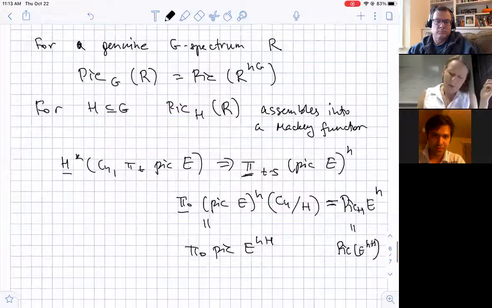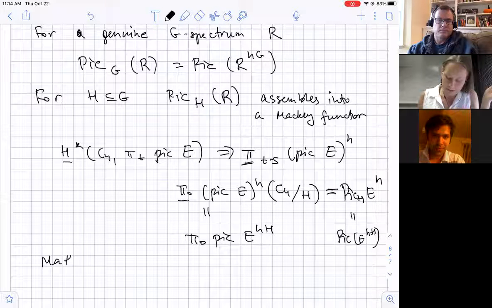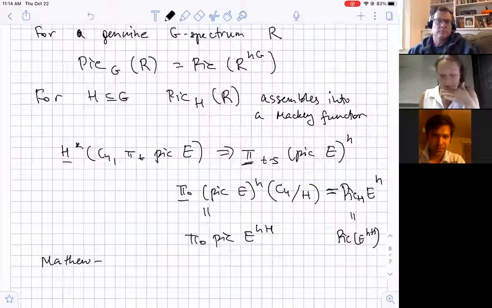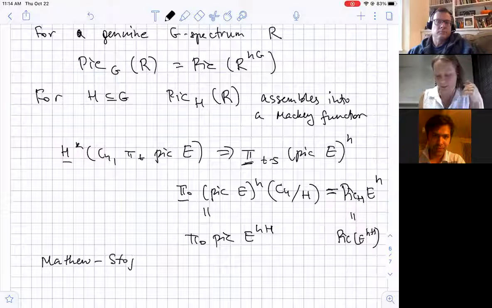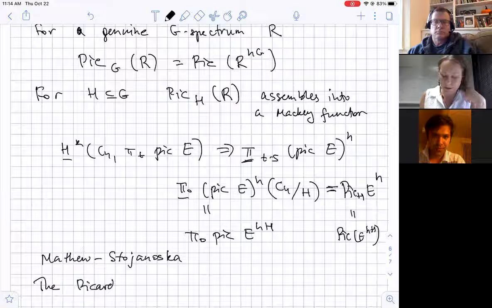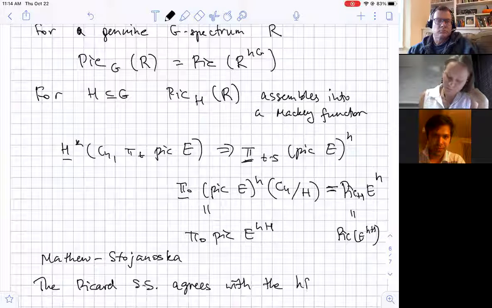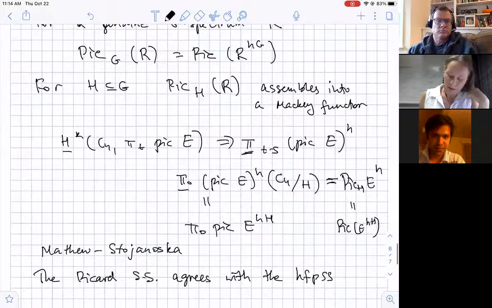All right, so now if you want to know more about this, there's a paper. The way we use it has been developed in the paper by Matthew and Stojanoska. In particular, they prove that the Picard spectral sequence agrees with the fixed point spectral sequence in a range.